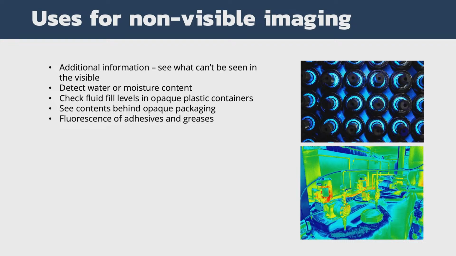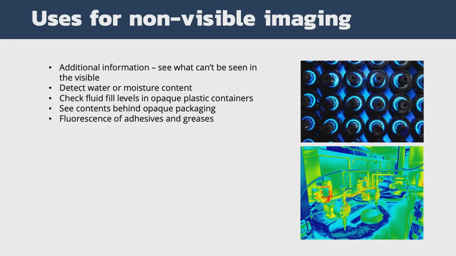cases. And that includes detecting water or moisture content, which is very important in many machine vision applications. It means we can see through opaque plastic containers, and we can check fluid levels behind them as we're filling them, or check for components that are already in some kind of sealed enclosure, make sure they are correct in a final check before the product is passed on for packaging.